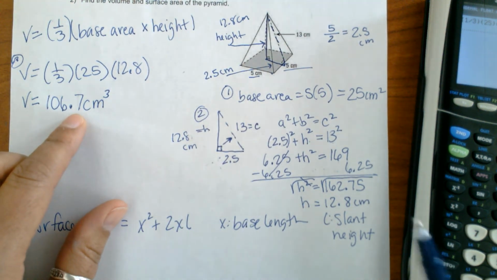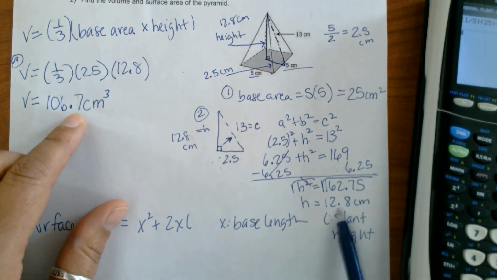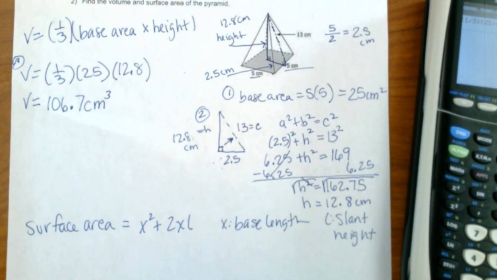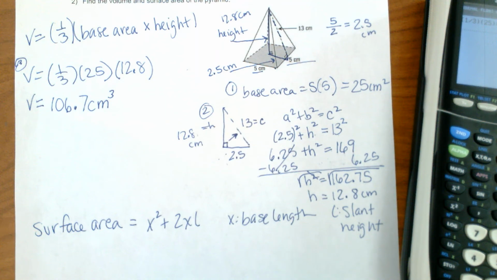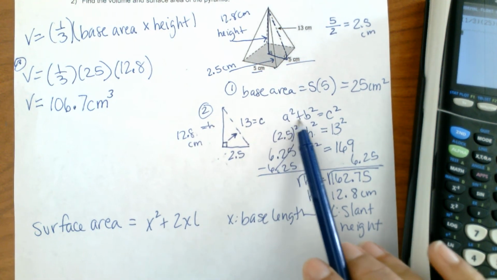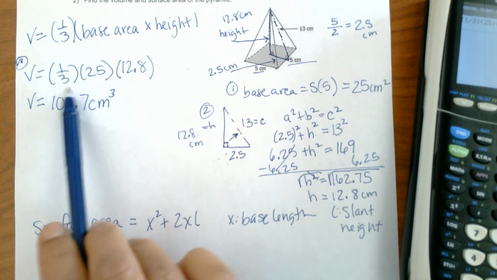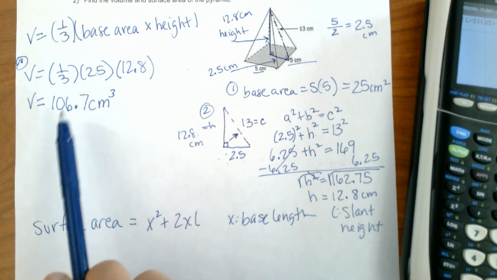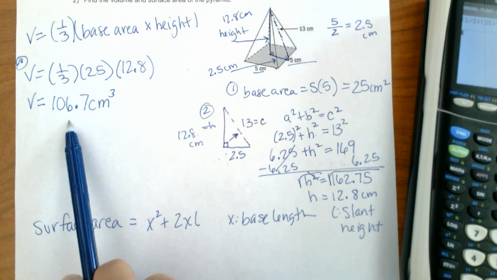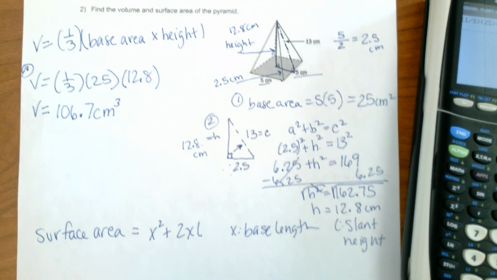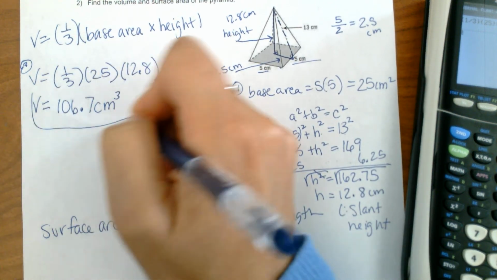I rounded to one decimal, since I started with 3 significant figures. But what they're looking for is your formulas, your substitution, and then finally the answer. So they will give you partial credit on problems like this. Okay, so that's our volume.